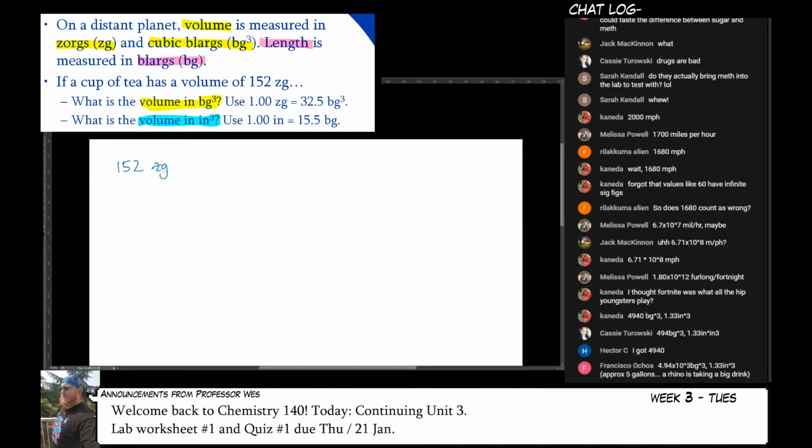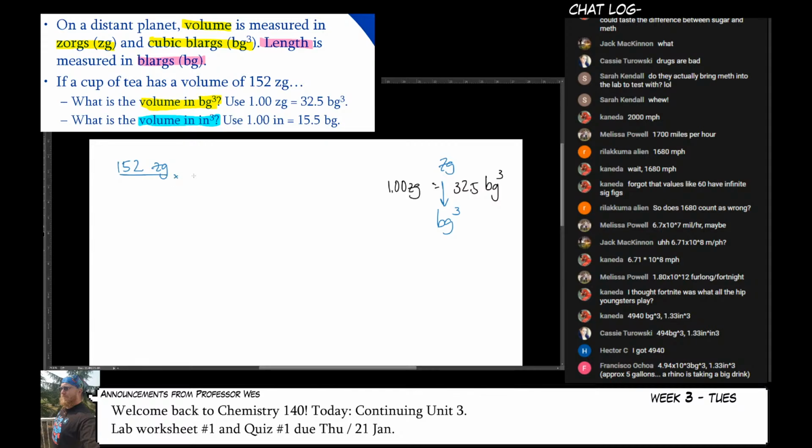I have this volume and this unit, and what I want to do is get from that volume to this volume. The conversion given to me is that one of these is 32.5 of these.